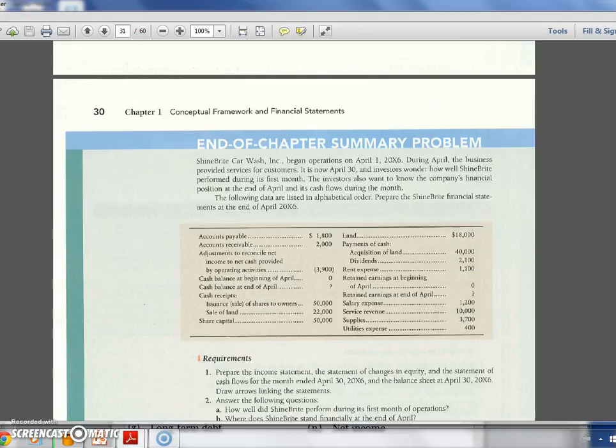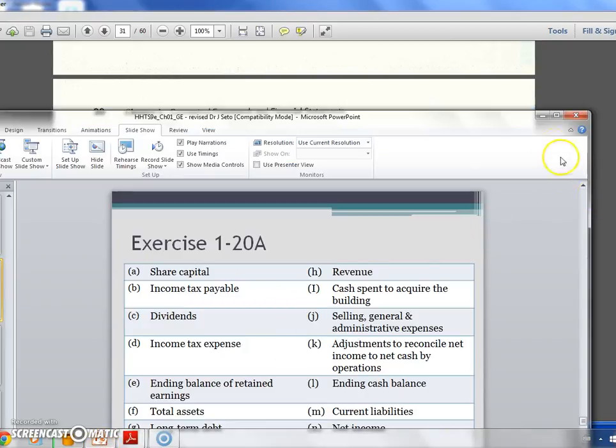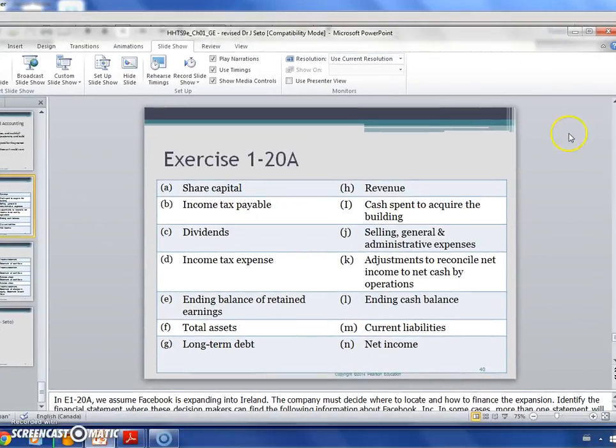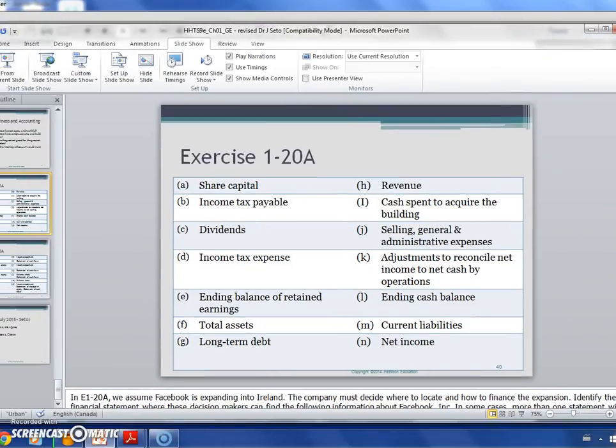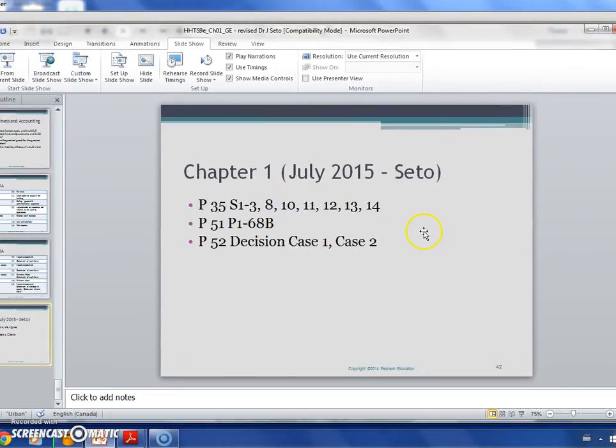Now, of course, this textbook gives you the answer to the summary problem. It's there, but let me go back here. I would like you to try first, because it'll help you out. You can answer every question in the text. If you feel like you want that extra practice, go for it.